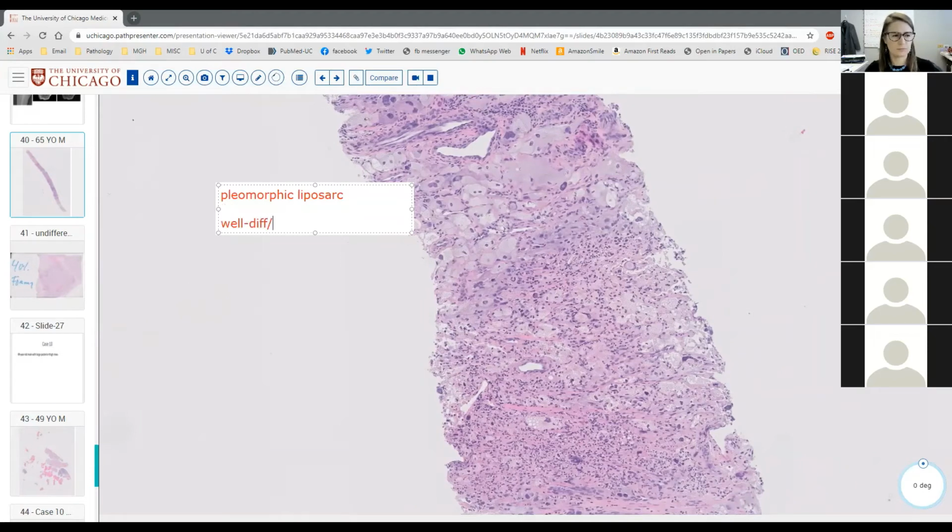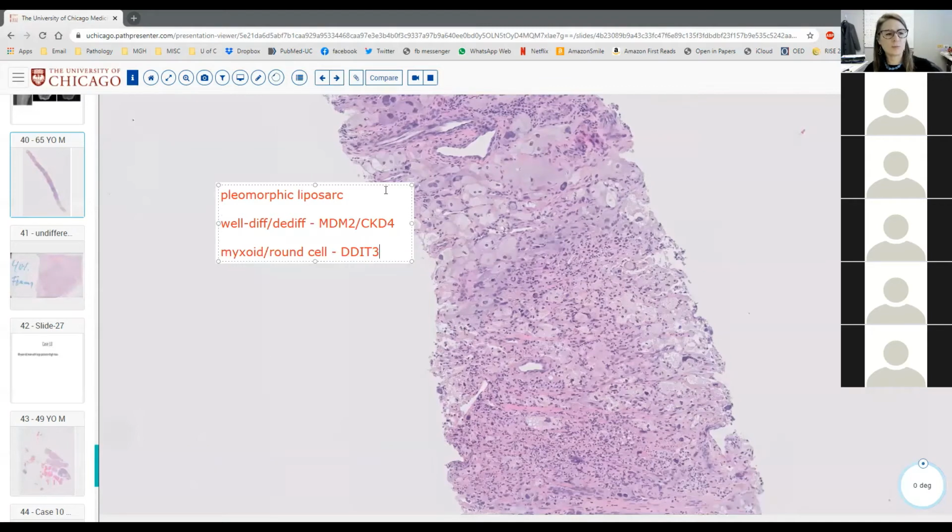Those are well differentiated and dedifferentiated. And what's the third kind? DIT3 rearrangement, myxoid, right, myxoid round cell.